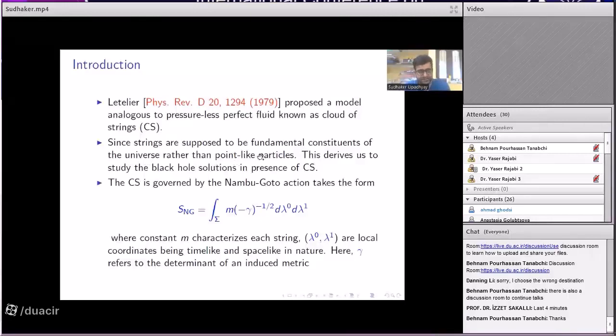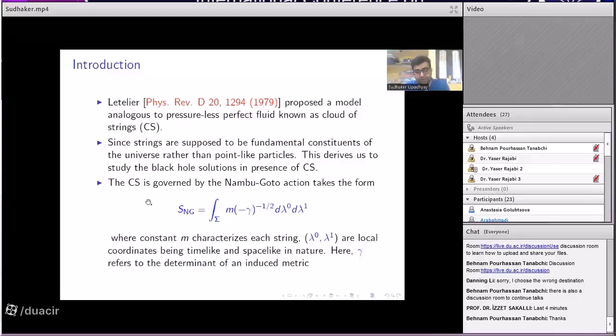Okay, so one cannot ignore strings in the context of black hole solutions. So this drives us to study black hole solutions in the presence of a cloud of strings as well. So together we consider nonlinear electrodynamics and this cloud of strings for GR. Okay, and this cloud of strings is described by the Nambu-Goto action written in this form.